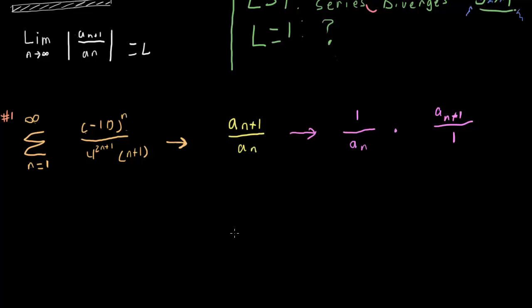So let's begin. First, we want to take 1 over a of n. So we're going to do the reciprocal of what we have right here. So we're going to write 4 to the 2n plus 1 times n plus 1, and divide that by negative 10 to the n.